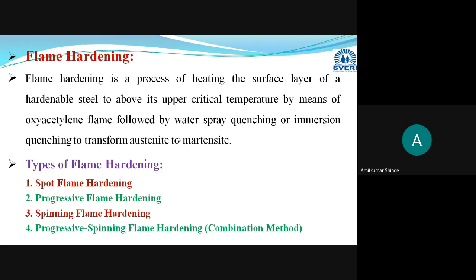Due to this quenching, the austenite will get transformed to martensite. Heating the steel above the upper critical temperature makes the phase austenite, and cooling with water, by spraying or immersion, transforms that austenite to martensite. Now I will explain this concept.